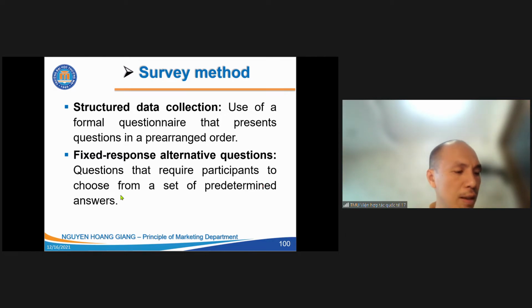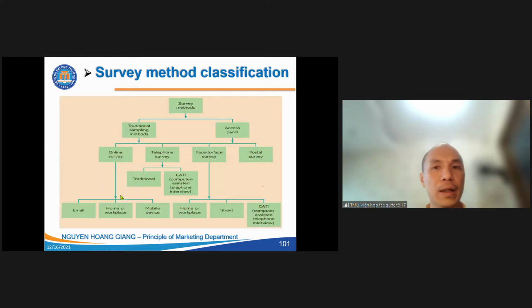About the classifications, the survey methods divide into 2 groups, traditional sampling methods and panels. And in this model, you can see some different ways to use.